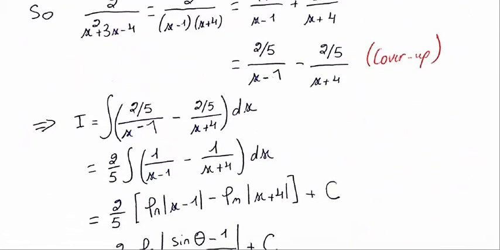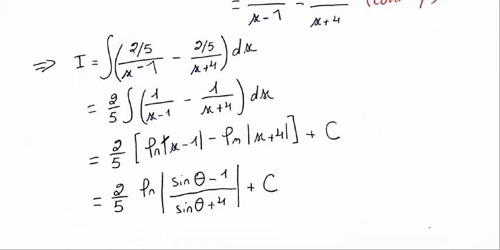So I have to go back to theta. So I replace x by sine theta. And since I have ln A minus ln B, which is ln A over B, my final answer is going to be 2 over 5 ln of sine theta minus 1 over sine theta plus 4, plus a constant c.